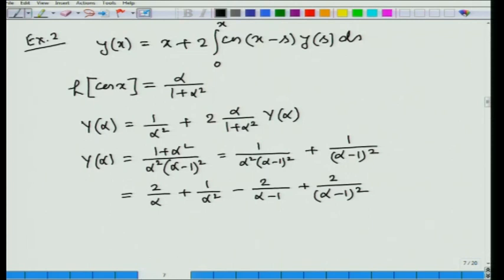Now, we need these results, that is L of 1 equal to 1 by alpha. Actually, the inverse Laplace transform of 1 by alpha will then be 1. We already know the result that the Laplace transform of x is equal to 1 by alpha square.